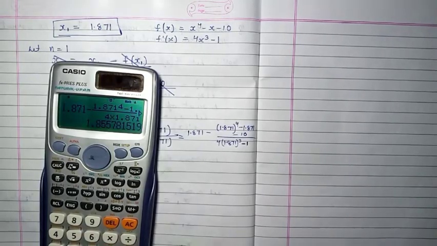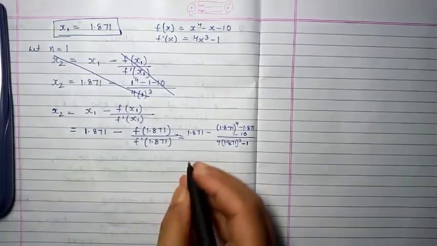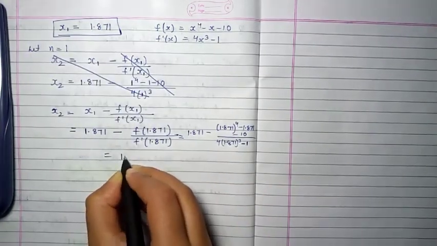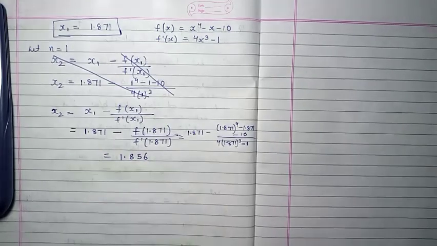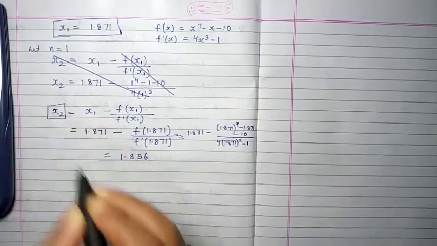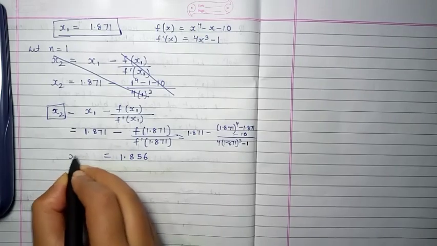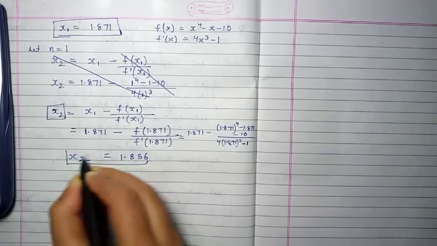So after calculation, we will get 1.856. So this is our second approximate value. This is our x2.